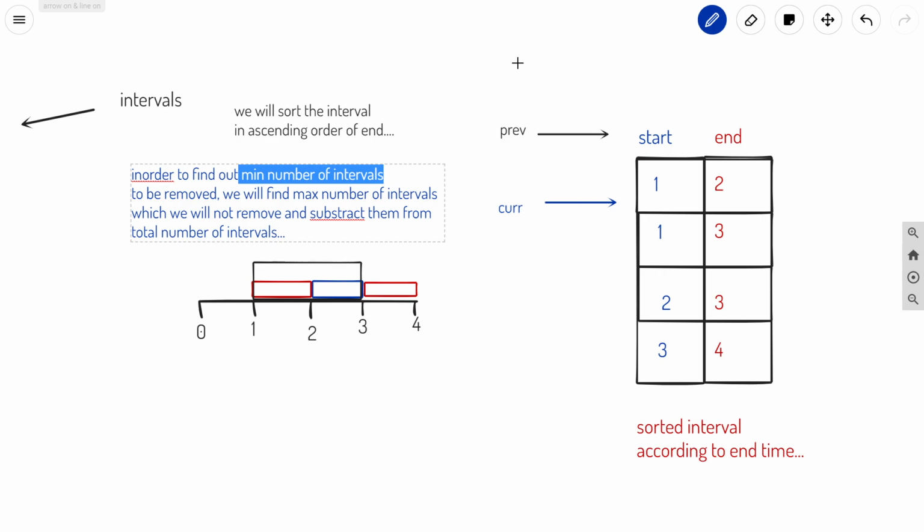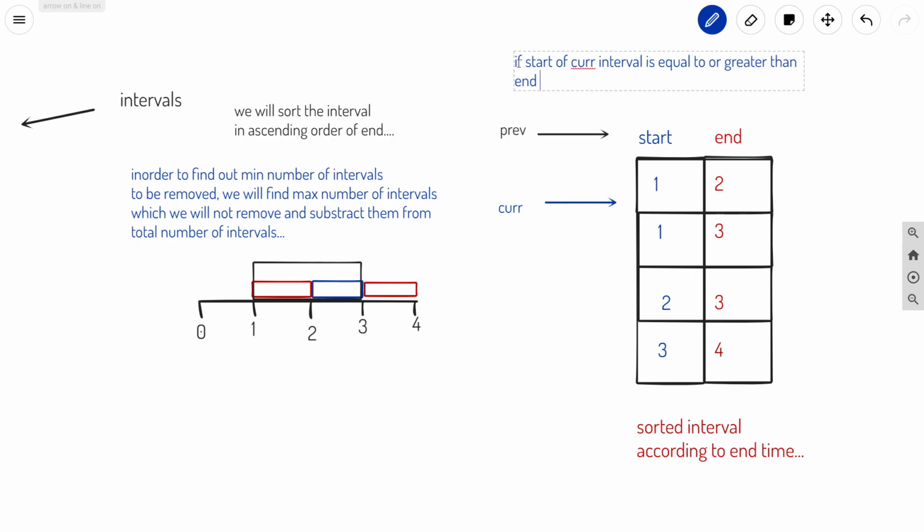So basically what I mean is, if the start of the current interval is equal to or greater than the end of the previous interval, then the previous interval and current interval are not overlapping. So basically this is the case.